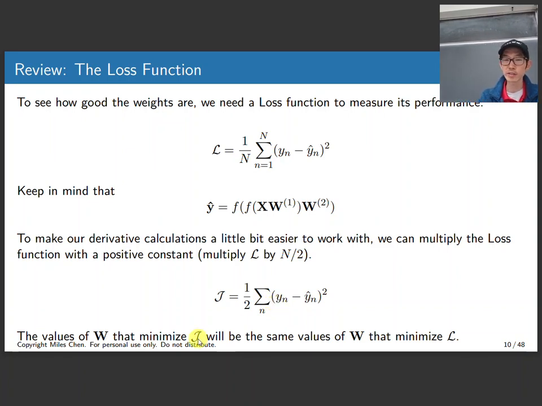Okay, so this is our loss function. We'll call this J. And we can see that whatever values of W minimize J will be the same exact values of W that minimize L, just because one is just a multiplicative constant away from the other.